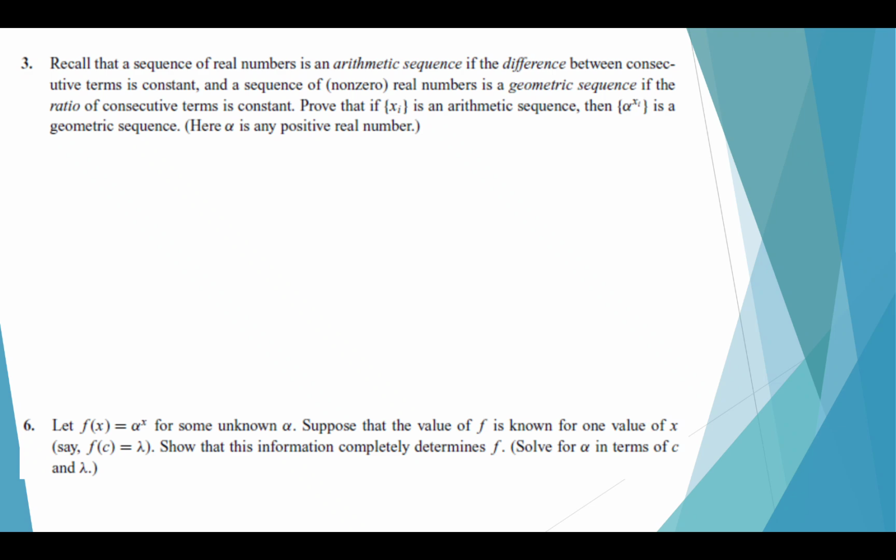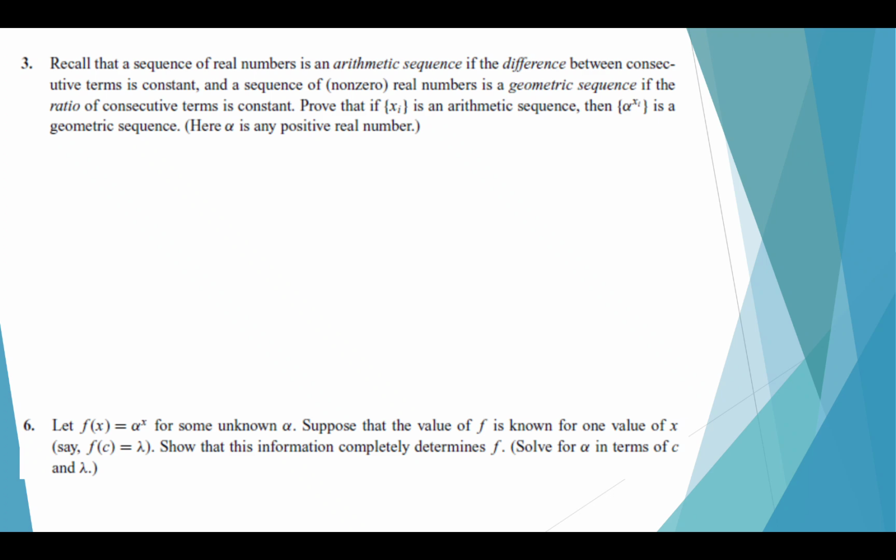So recall that a sequence of real numbers is an arithmetic sequence if the difference between consecutive terms is constant, it is not changing. You guys remember the definition of arithmetic sequences, right? A sequence of non-zero real numbers is a geometric sequence if the ratio of consecutive terms is constant.